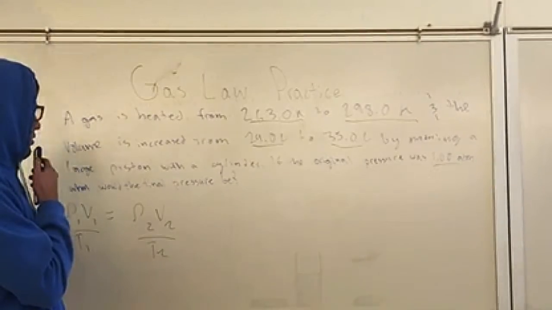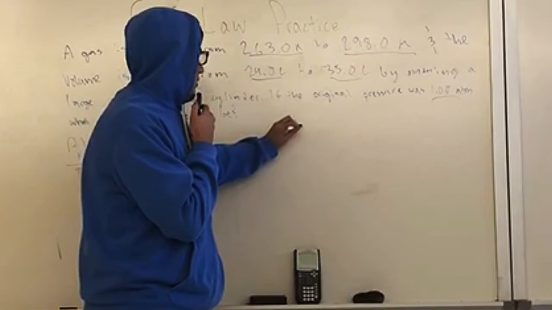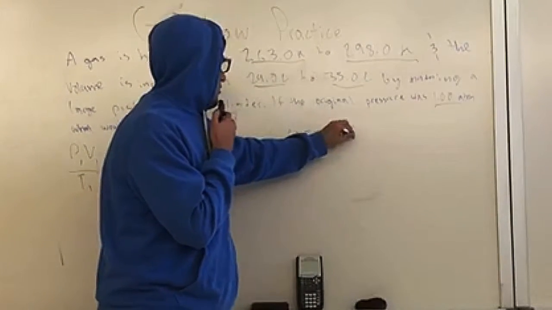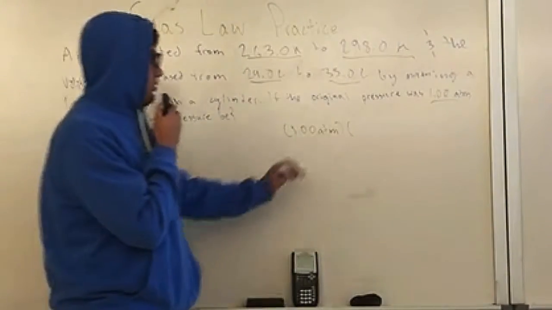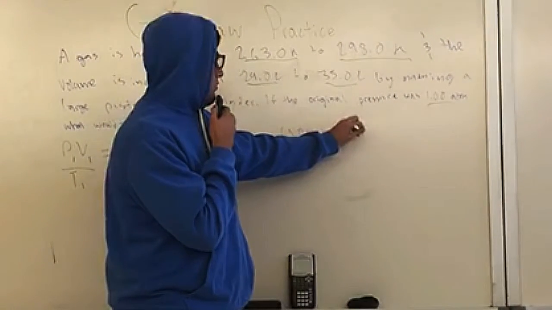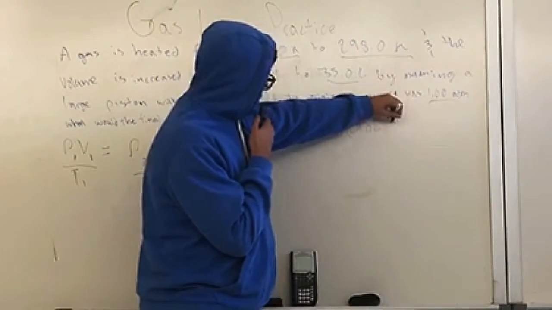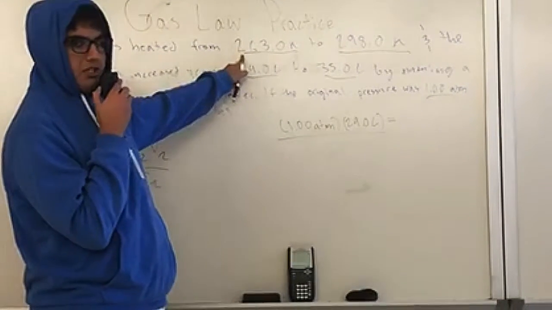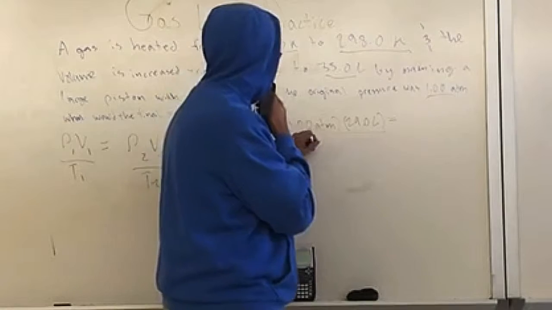So remember, pressure 1 is 1 atm. We'll plug that in. Volume 1, 24 liters. We'll plug that in. Temperature 1, 263.0 Kelvin. We'll plug that in.